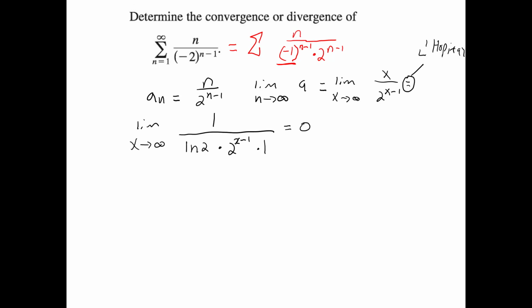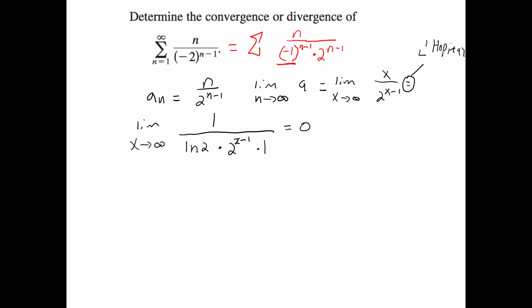But next we want to show that the series, or sorry, the absolute values, the a sub n, is decreasing, right? And so again, let me go through this one in detail.